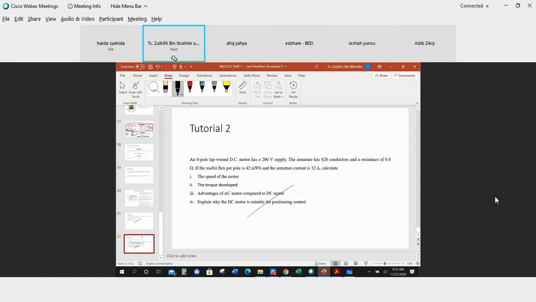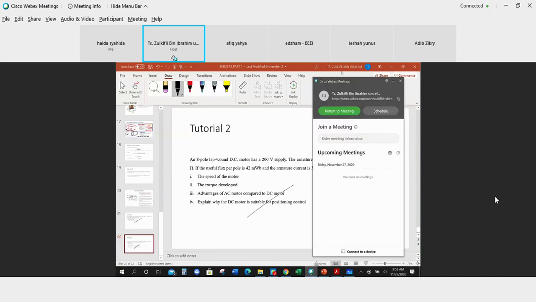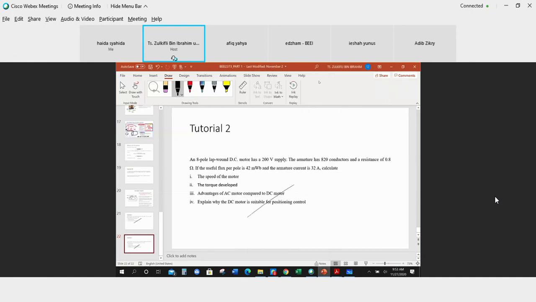So mostly kita akan buat malam semua malam. Okay. Mungkin kita akan buat Friday atau Friday tentang malam. Okay. So ada soalan.